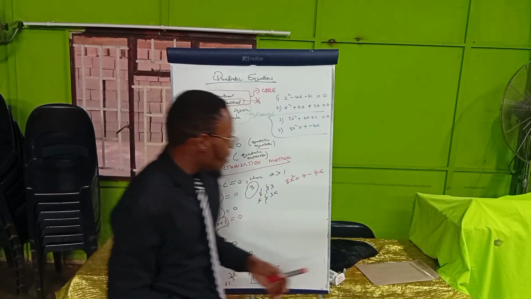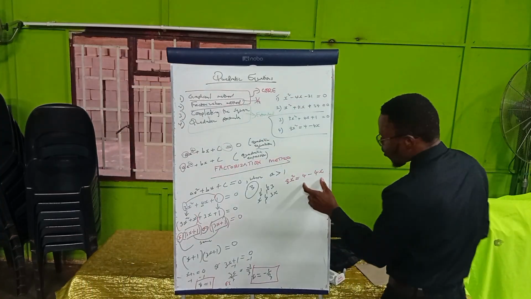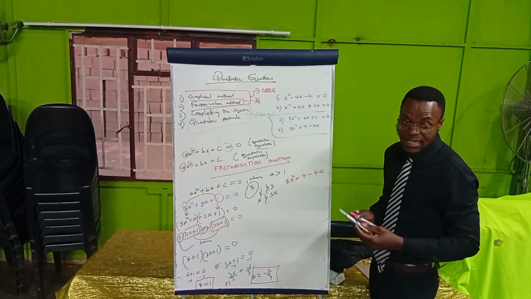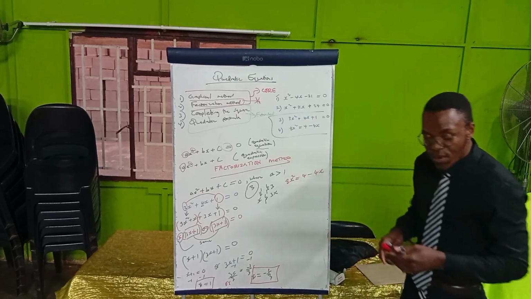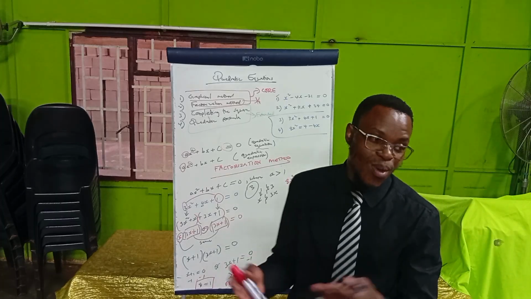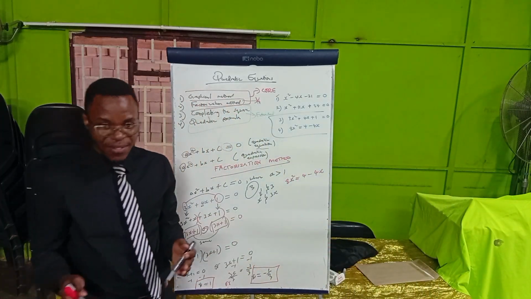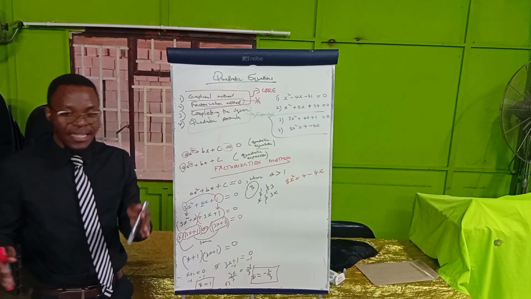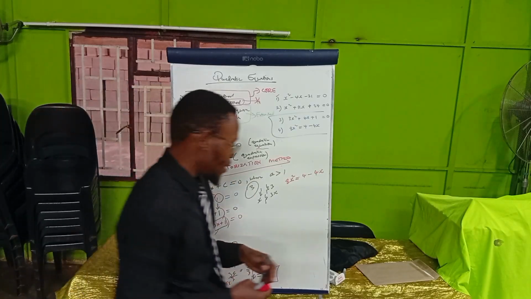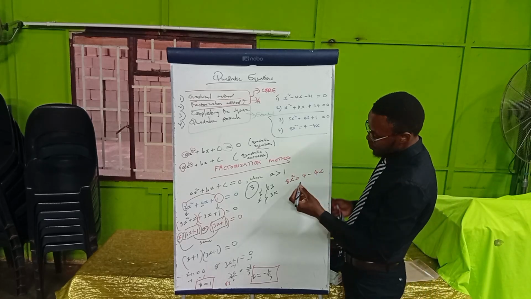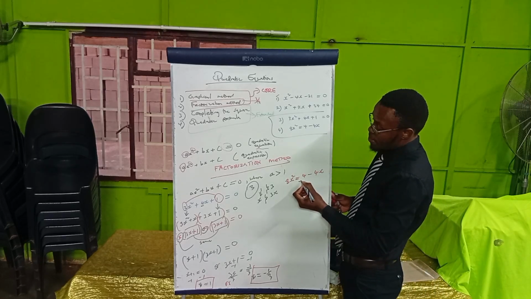So our first step is to move both these values to the left-hand side. How do we move them? When you move something in an equation, you do the opposite operation. If it is positive, you subtract it. If it is negative, you add it, so that it goes to the other side. So which means we move this 4 by subtracting: minus 4.